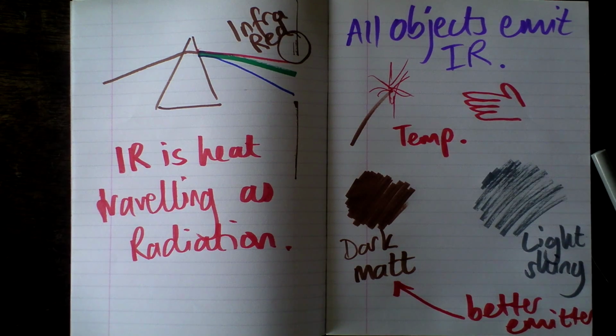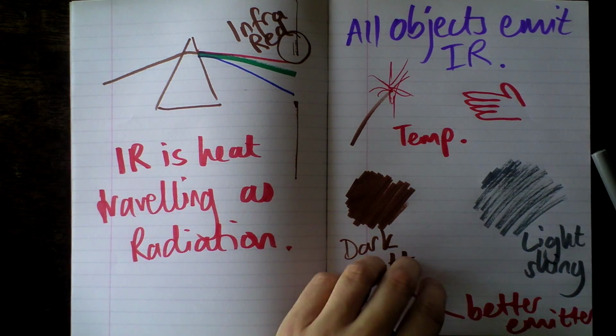Now that's really interesting because that means we can control how much infrared something emits, not just by what temperature it's at, but what we make it from. So if I want to make something that is going to stay warm, I don't want it to be a good emitter, so I would choose something light and shiny.